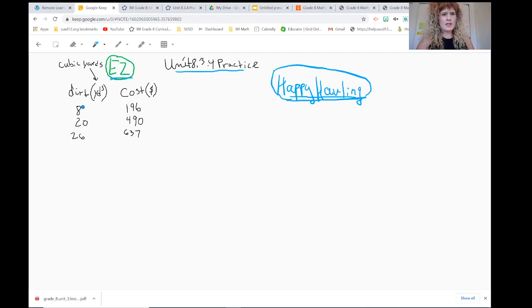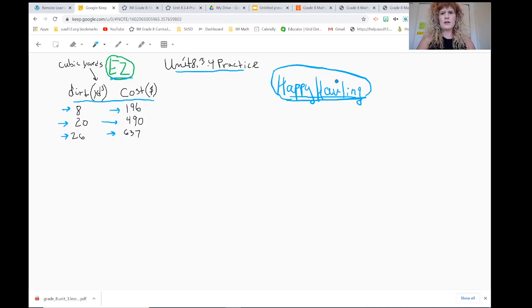The information they gave us, go ahead and write this down in your notes for Easy Hauling. 8 cubic yards of dirt costs $196 to haul. Write this down in your notes. 20 cubic yards of dirt costs $490 to haul. 26 cubic yards of dirt costs $637 to haul.